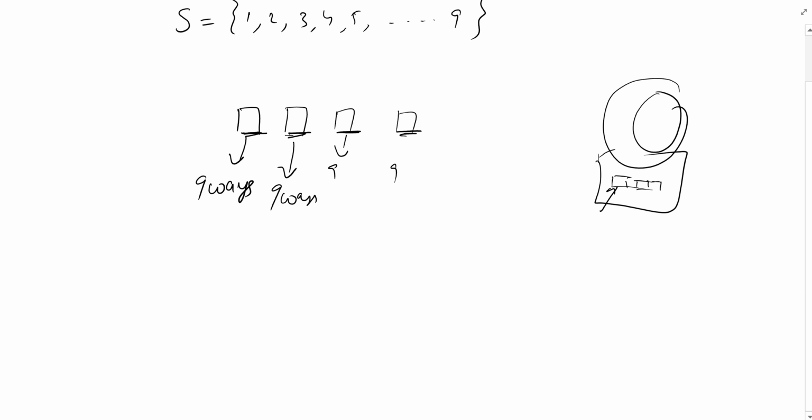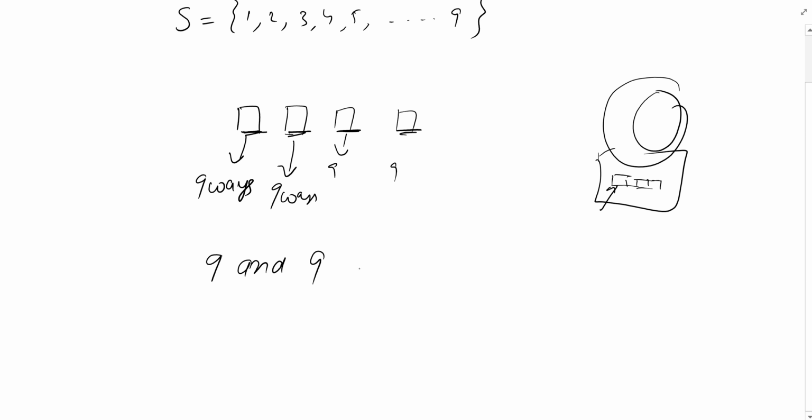Now there's a sense of and. The first spot, and second, and third. So we have 9, 9, 9, and there's a sense of and: the first spot, and the second, and the third, and the fourth.